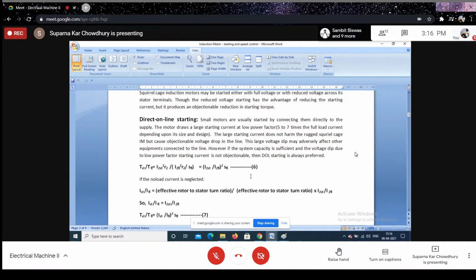At starting, a very large portion of the current will be the magnetizing current. So power factor is low, and the magnitude is something like 5 to 7 times the full load current. Large starting current does not harm the rugged squirrel cage induction motor, but causes objectionable voltage drop in the line. This large voltage dip might be momentary, but it adversely affects the other loads connected to the line.